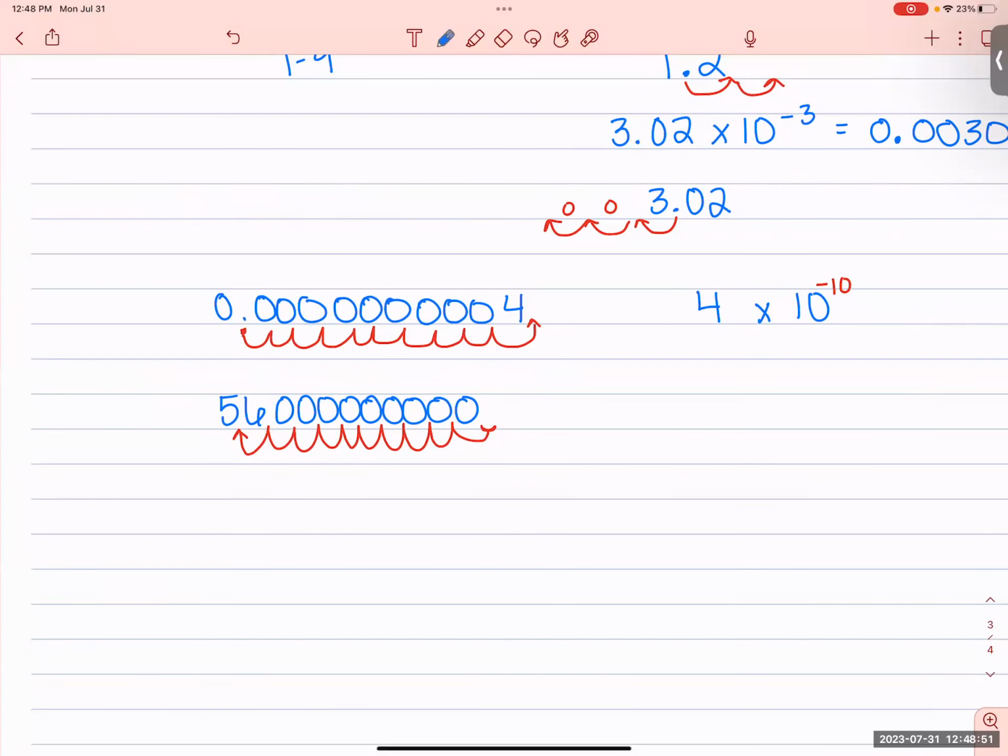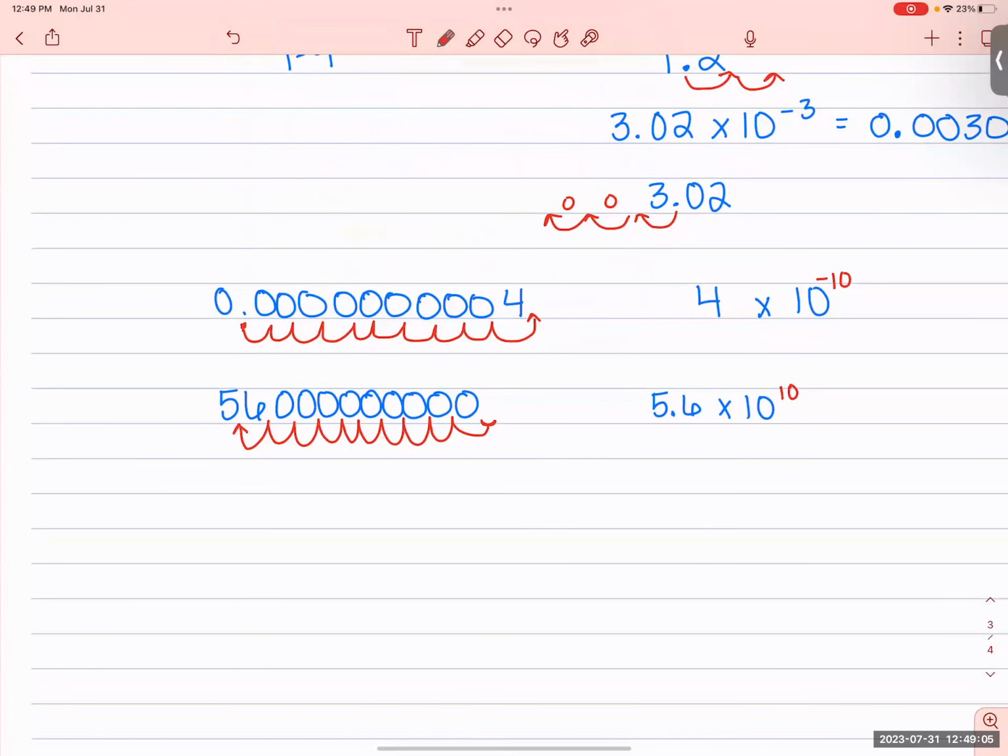So I'm going to put in my 5.6. We'll talk about if you need to include any of the zeros or anything like that when we talk about significant figures later. And we have times 10 to the 10 because we moved it 10 times. Now, is the number that I have originally bigger than 5.6? Yes. So this is a positive exponent.